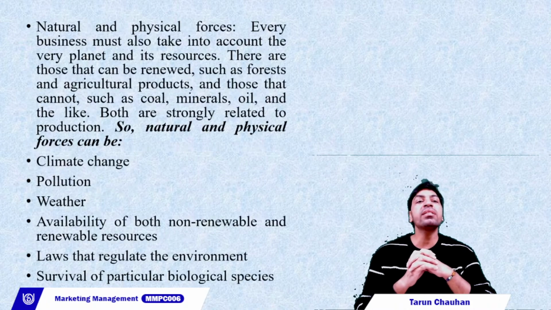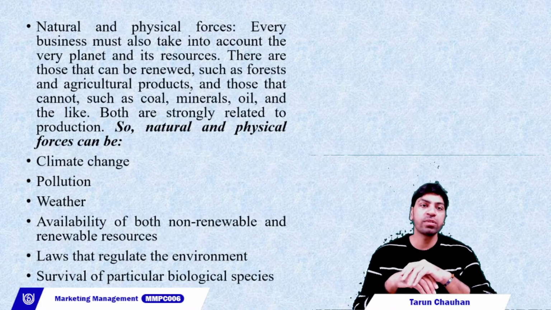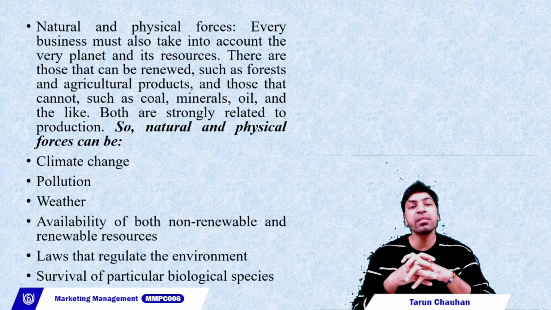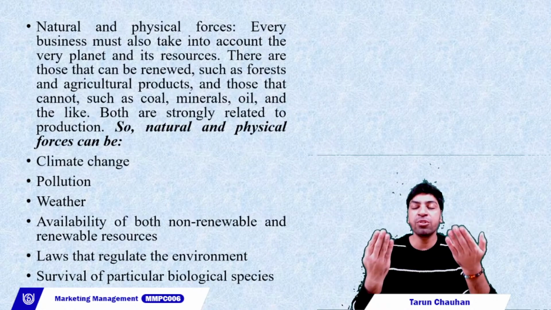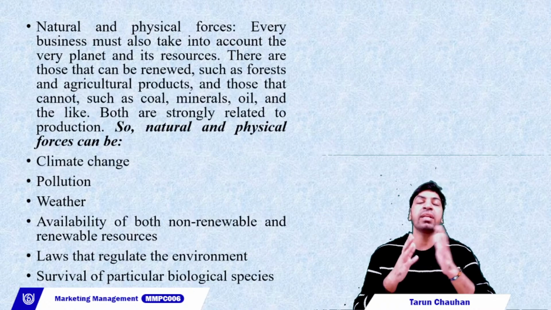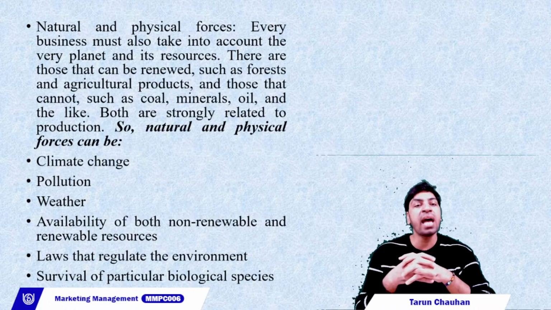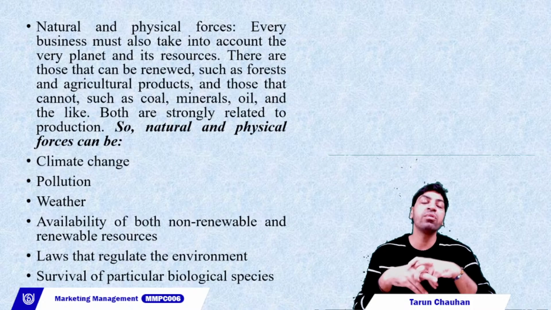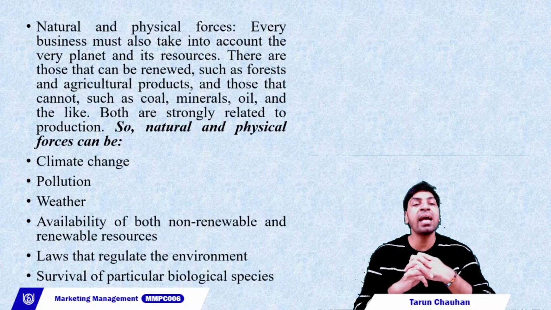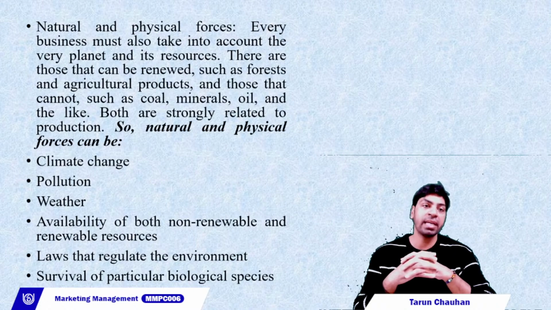The next one is natural and physical forces. Every business must take into account the planet and its resources. If they are making environmentally friendly products, then they have to consider factors related to the planet and associated resources as well.